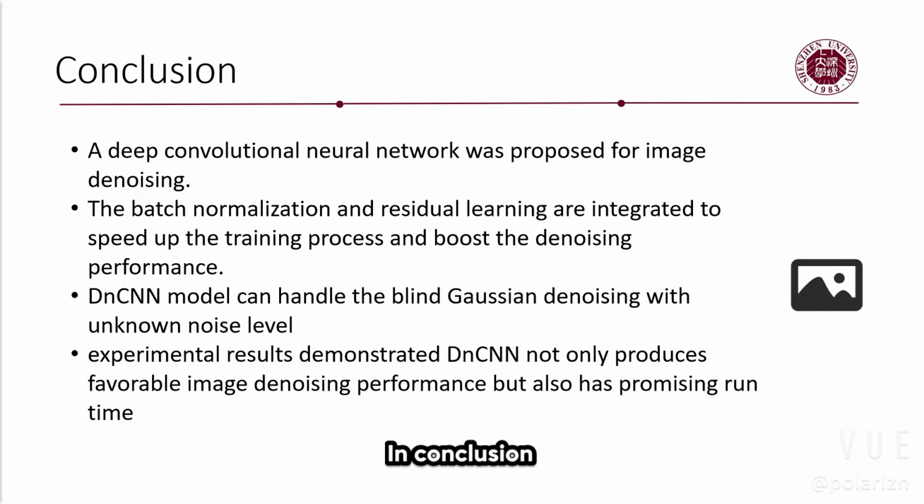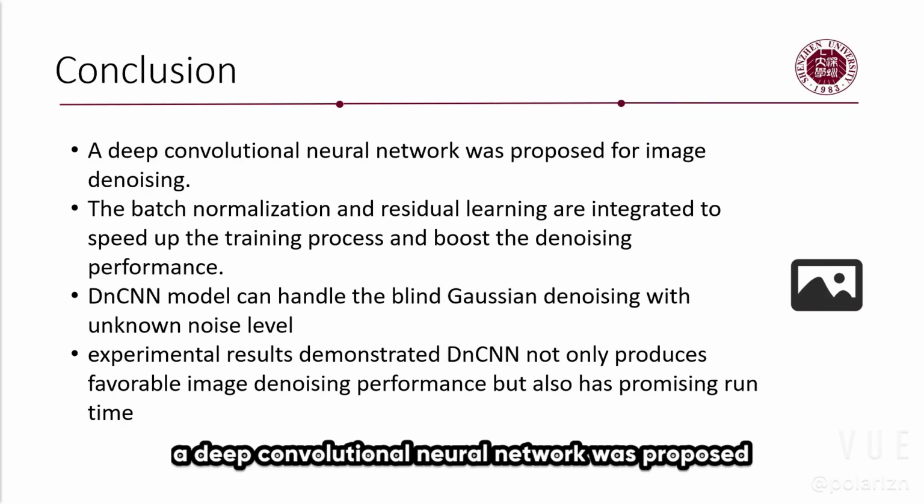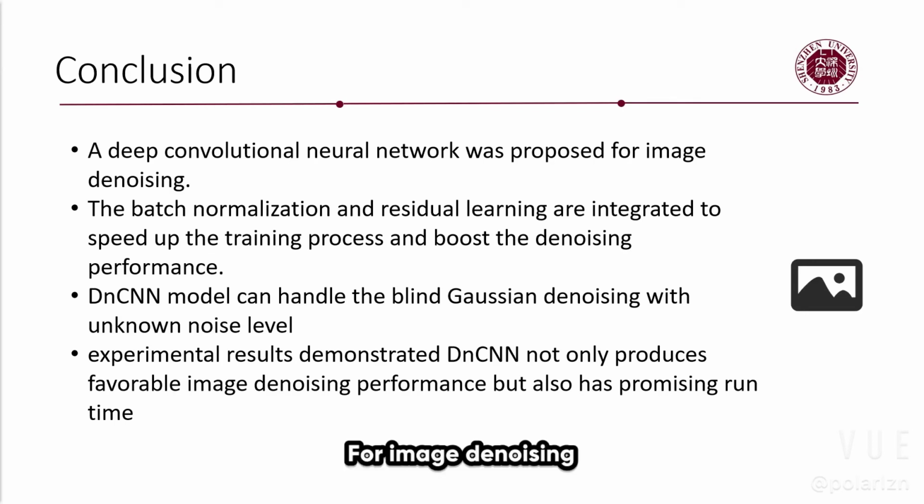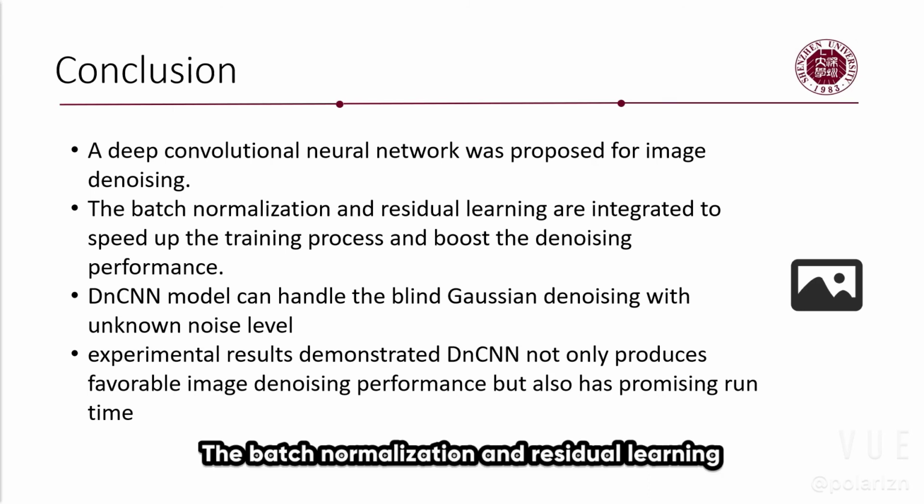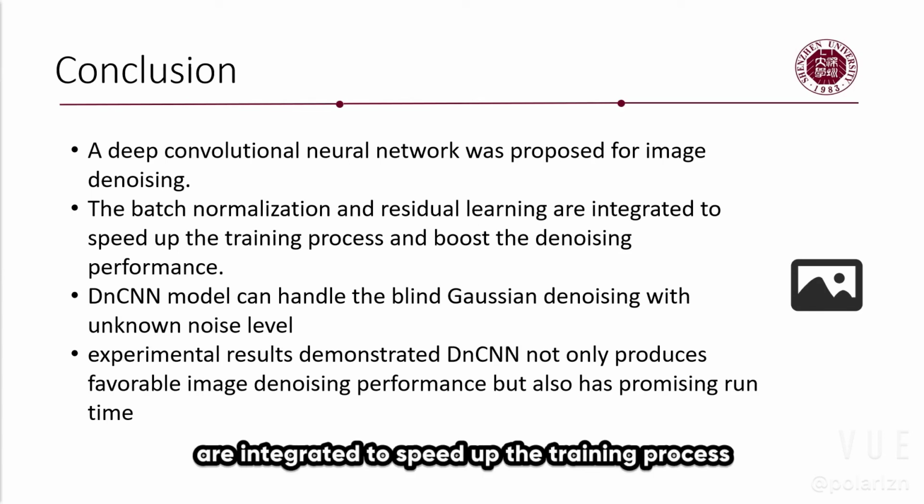In conclusion, in this paper, a deep convolutional neural network was proposed for image denoising, where residual learning is adopted to separate noise from noisy observation. The batch normalization and residual learning are integrated to speed up the training process, as well as boost the denoising performance.